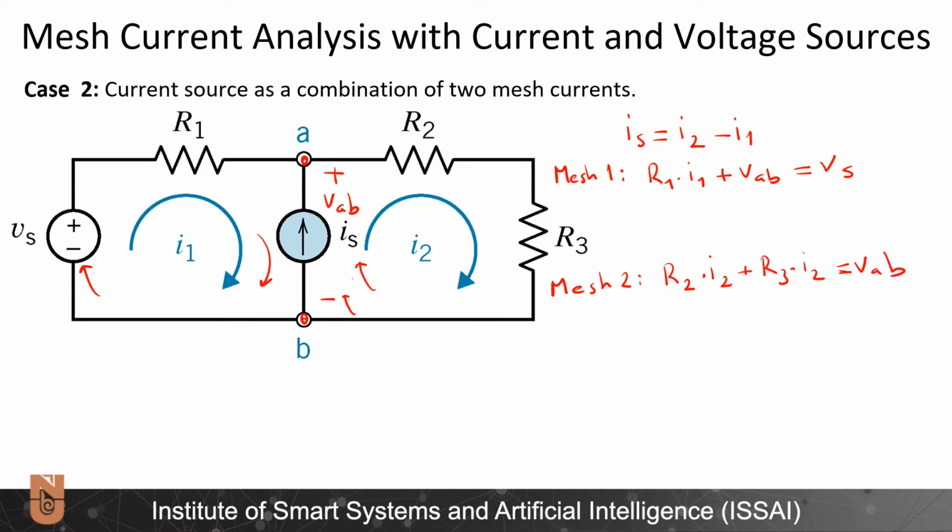So I have the unknowns I2, I1, and the additional unknown VAB, but I also have 3 equations. So 3 equations, 3 unknowns, I will be able to solve this circuit.